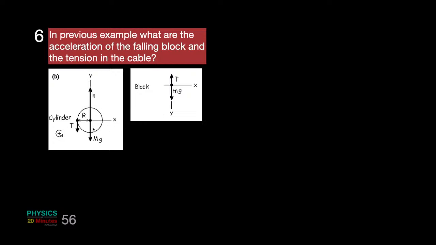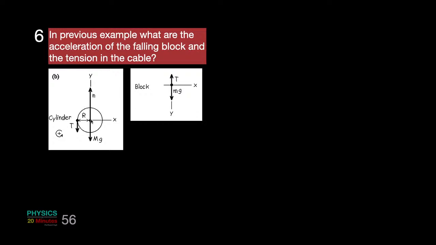Now on the cylinder, mg works downward at the center, normal reaction works upward from the axle, and they both should cancel each other, as the cylinder is neither getting accelerated upward nor downward. So N and Mg must cancel. Also, they are acting at the center of mass of the cylinder, so they will not apply any torque about the center of mass.